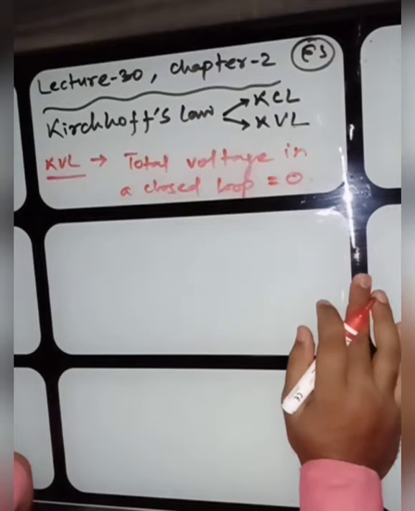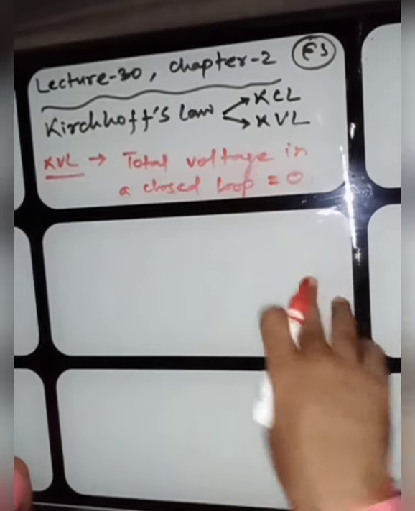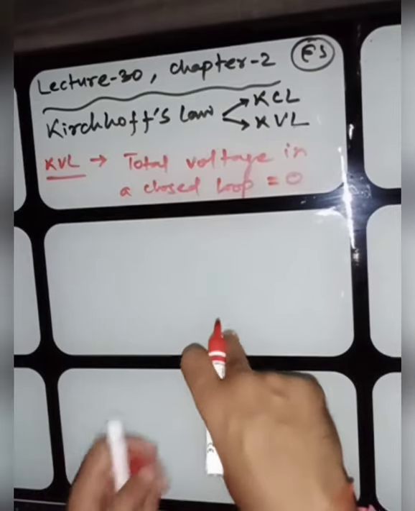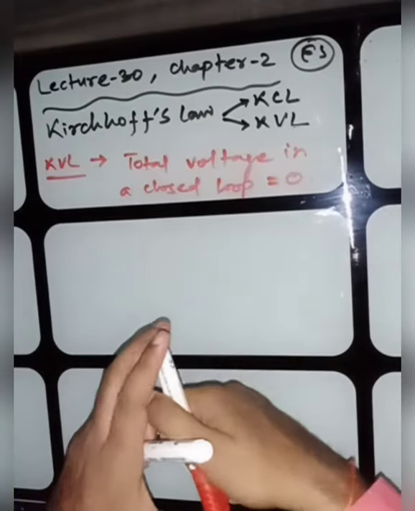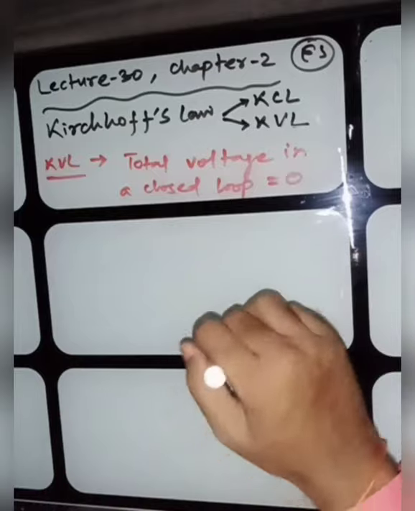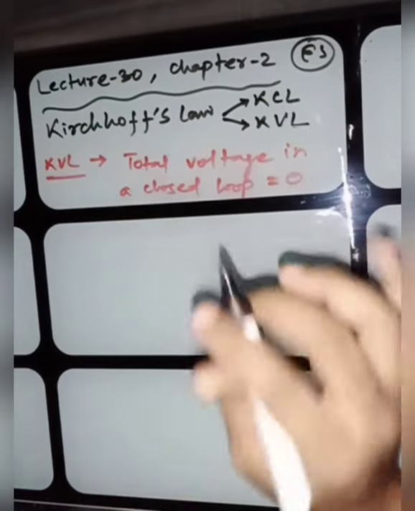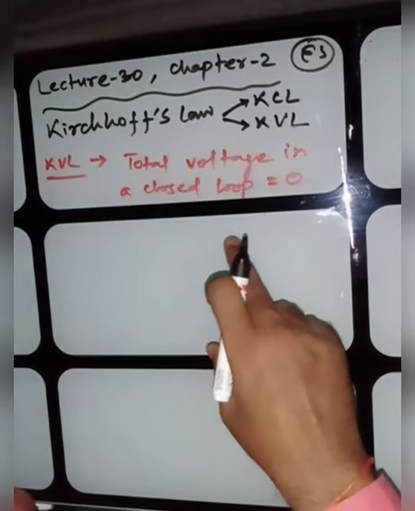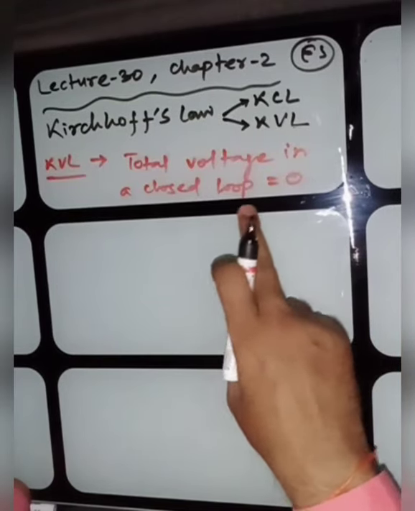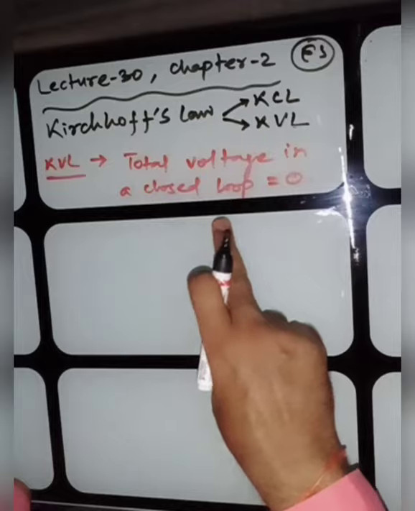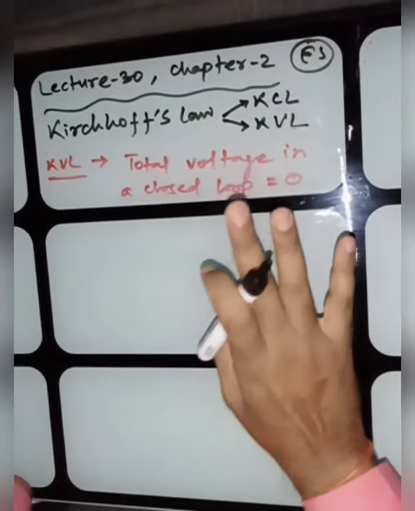Loop means the closed circuit. If you move from any point, and after moving around the entire circuit you reach that point again, then that network is considered a closed circuit or closed network. So according to KVL, the total voltage in a closed loop must be equal to 0.